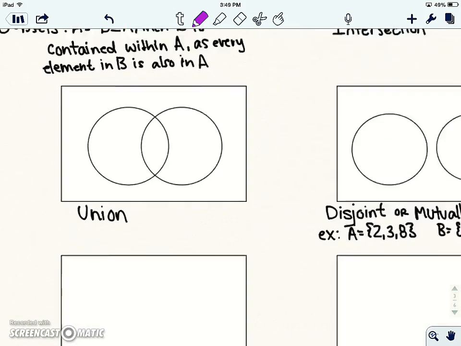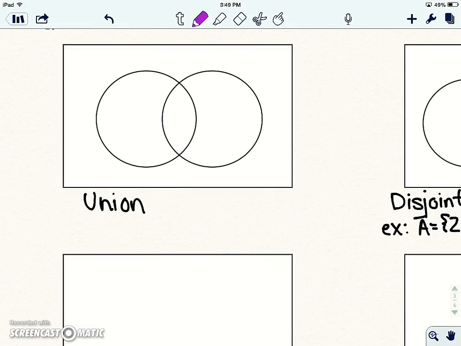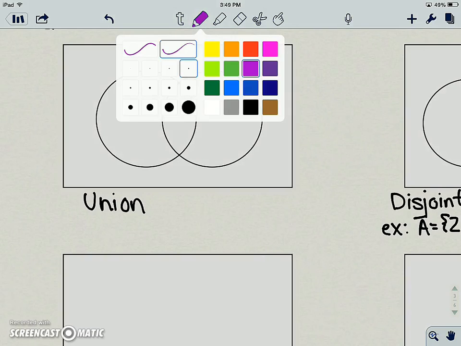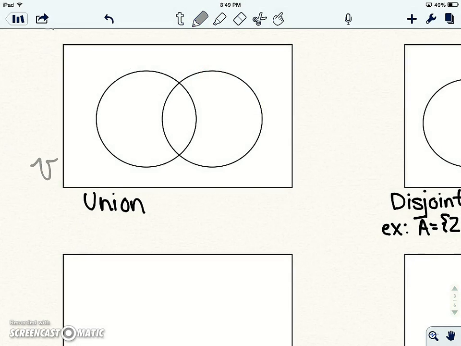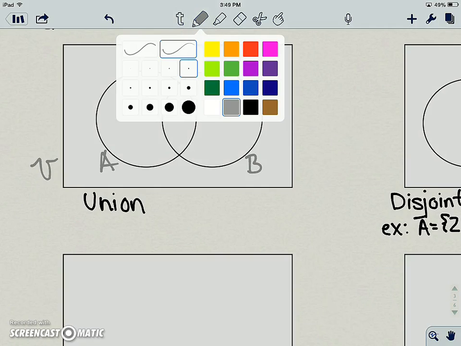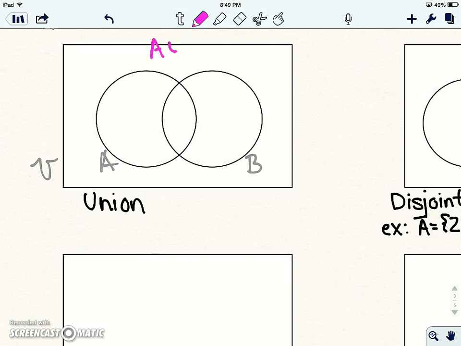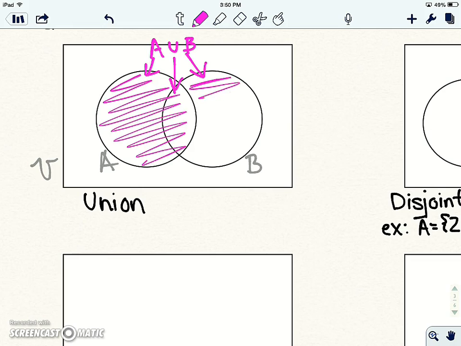Okay, union. Well, again, we have our universe, which is the box, some set A, some set B, and the union is everything in here, and everything in here. So it's everything in A, B, or both A and B.